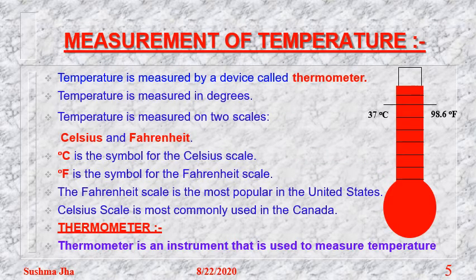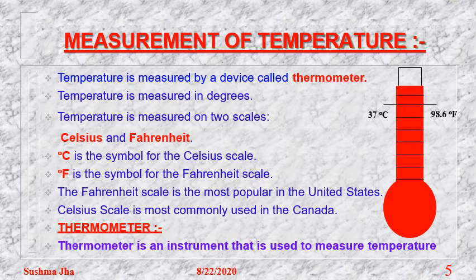Now, measurement of temperature. How do we record the temperature? Temperature is measured by a device called a thermometer. Temperature is measured in degrees, on two scales, Celsius and Fahrenheit. Degree C is the symbol for the Celsius scale, and degree F is the symbol for the Fahrenheit scale.